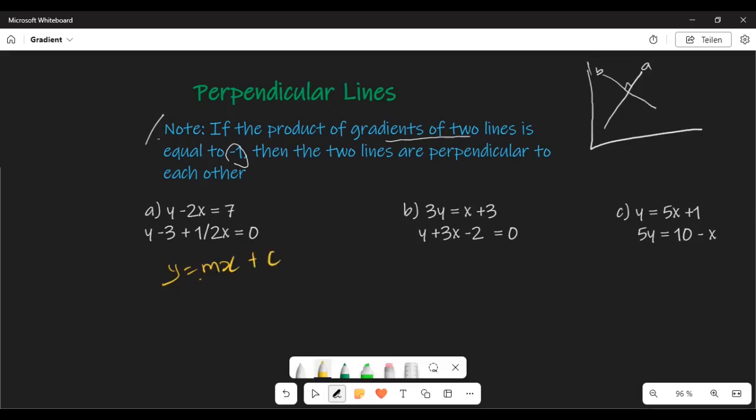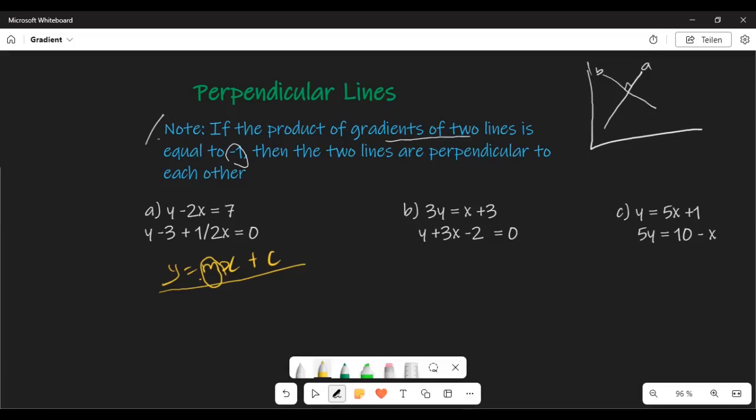If you have an equation like this, normally this m is the gradient. That gives us an easy time finding what the gradient is. The value that multiplies x in the equation is always the gradient.